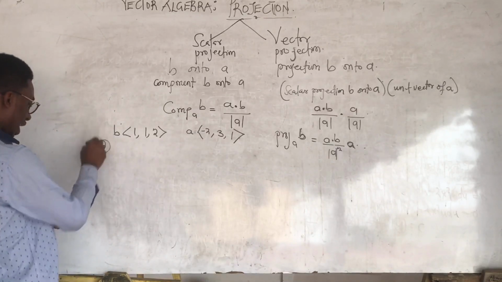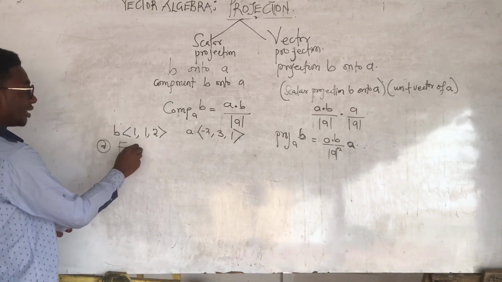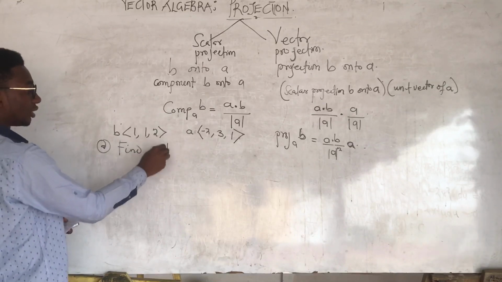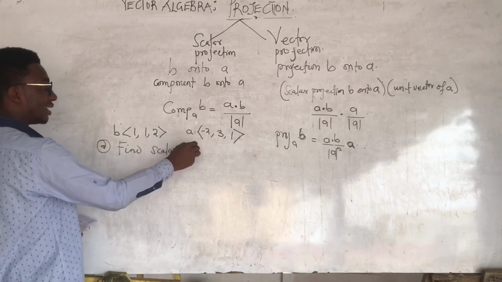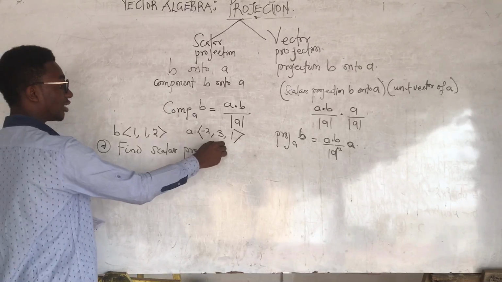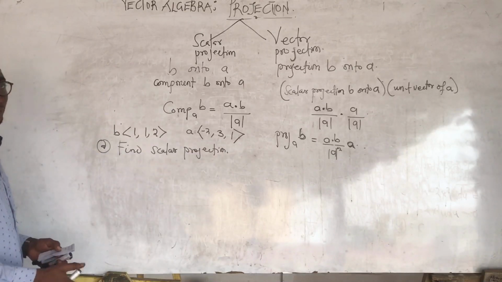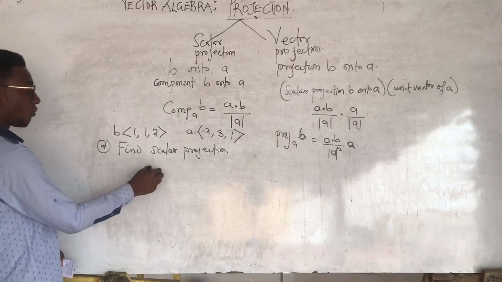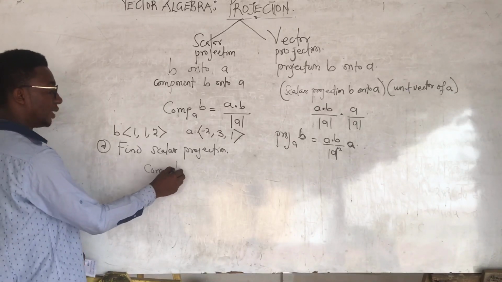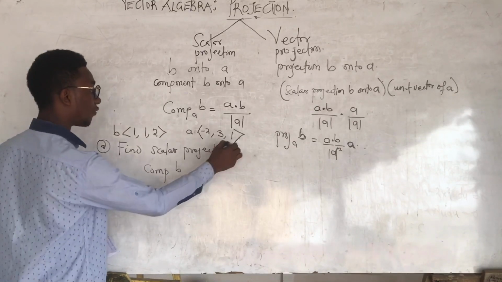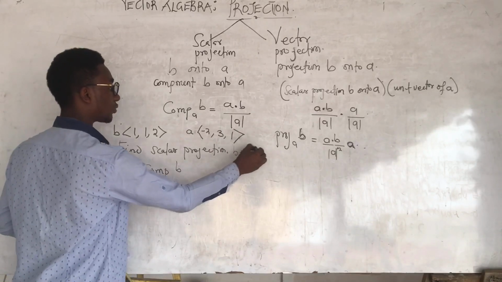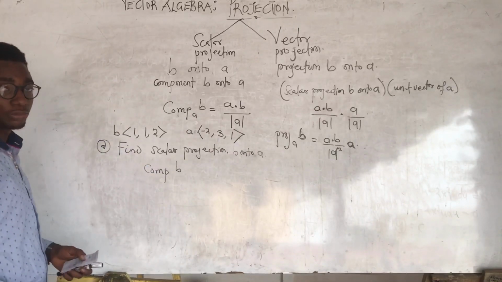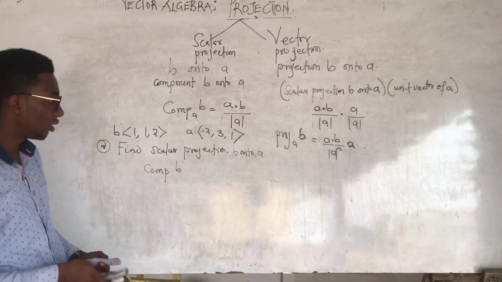On this side, we are supposed to find the scalar projection of B onto A, not A onto B.